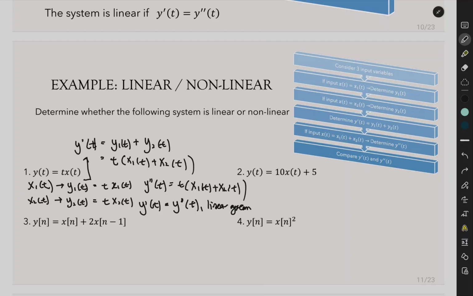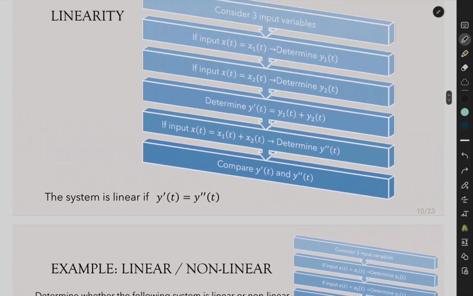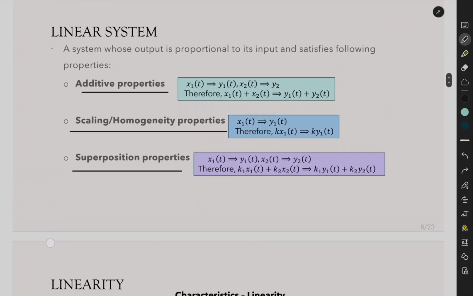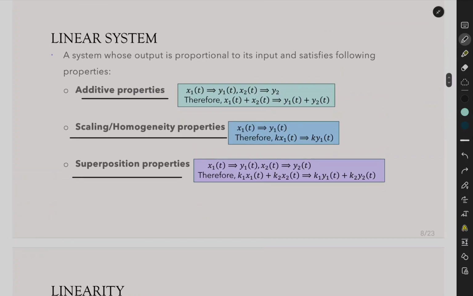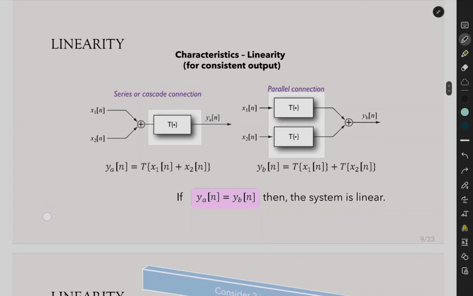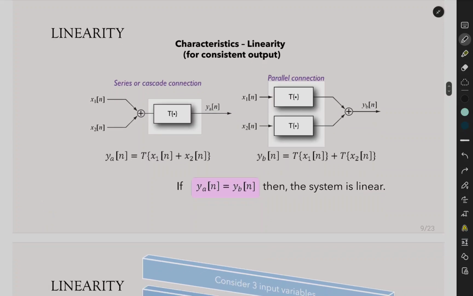For the additive property, we have T[x1(n)] plus T[x2(n)]. To check whether a system is linear or not, we need to use series or cascade connection and also parallel connection.